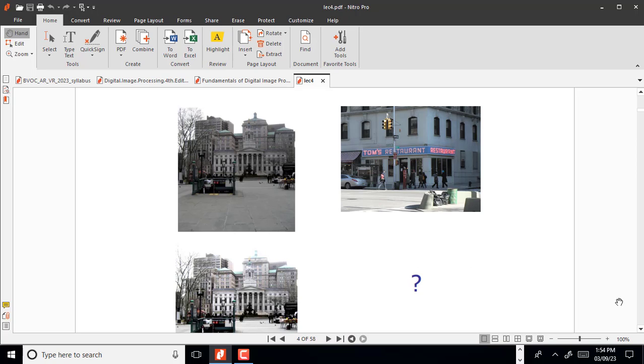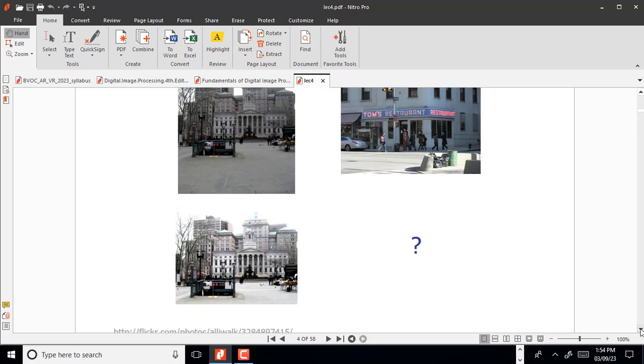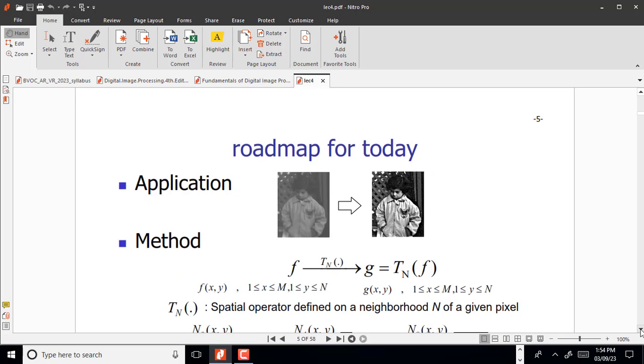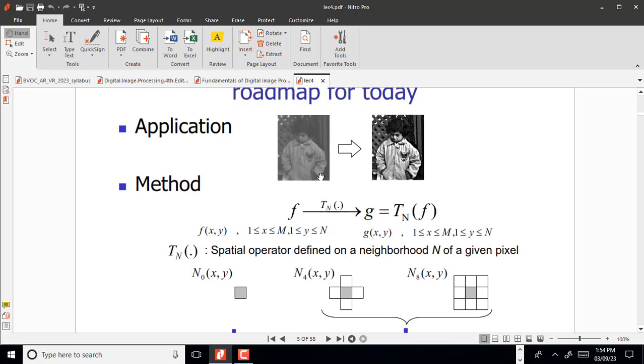So that the clarity can be improved, we use filtering techniques, smoothing or sharpening, from the next level of the spatial domain. Here we apply this to blurred images and dark images. That is what is important today: the input image is a dull picture and we move to a sharper picture.